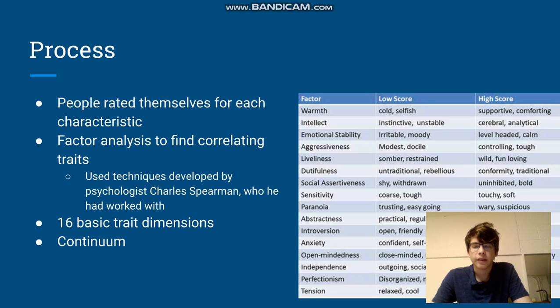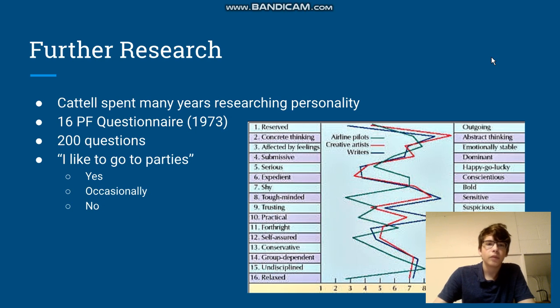So each of the different factors has a score, and you can be either low in that area or high in that area. So Cattell spent many years researching personality and this theory of the 16 different traits.